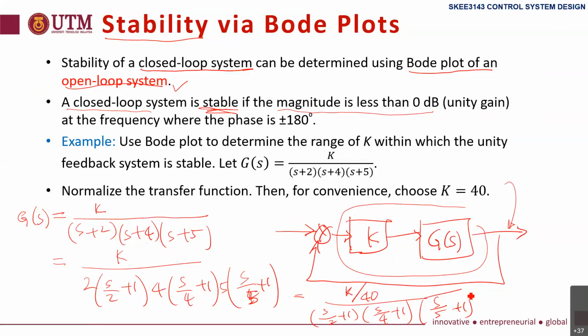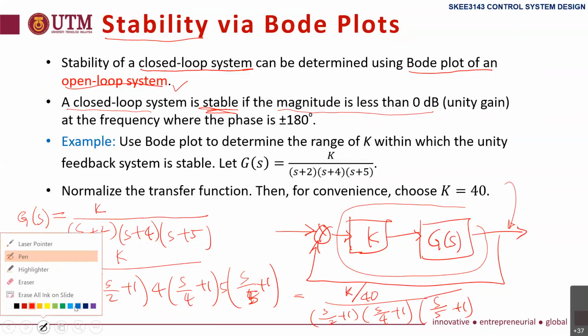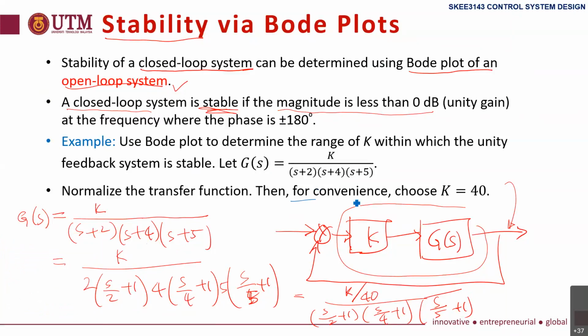And then usually, based on this, we have to determine K in order for us to obtain a Bode plot. K is needed. In this case, it is mentioned here that for convenience, we choose K equal to 40. Why K 40?